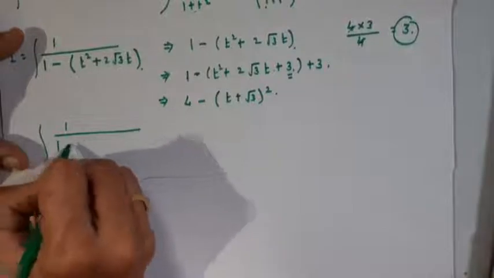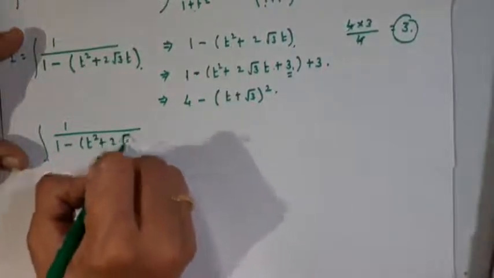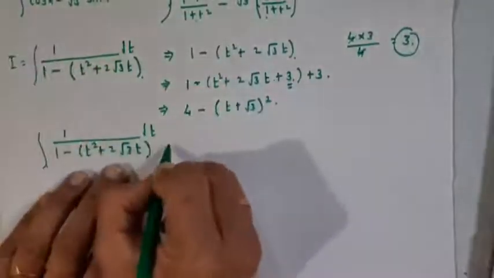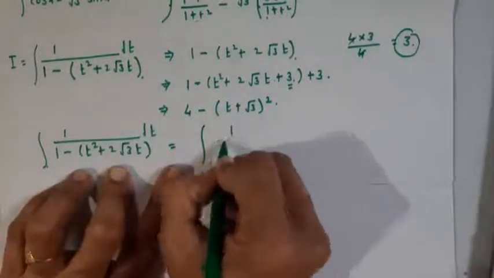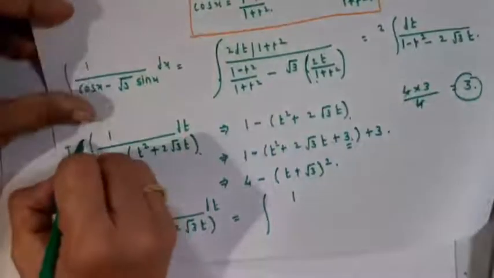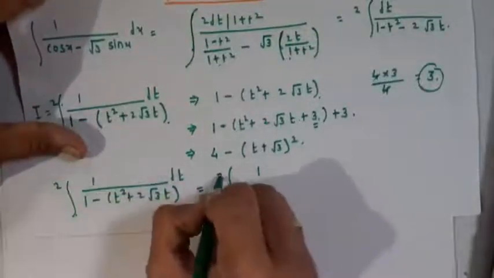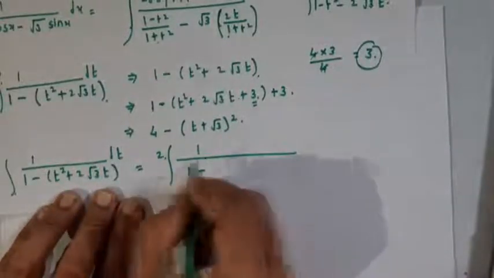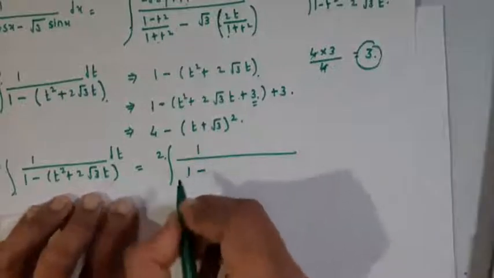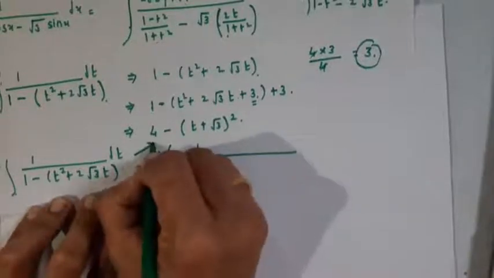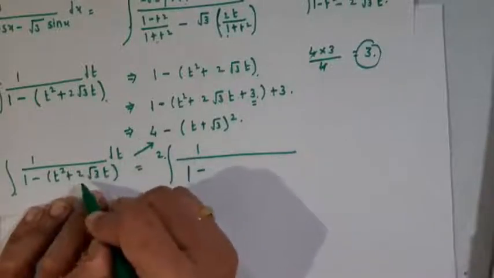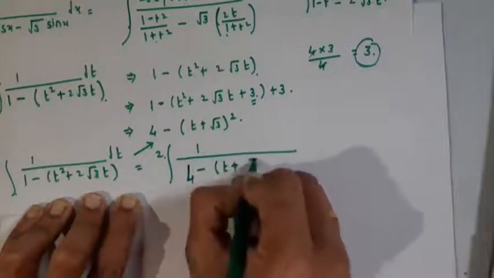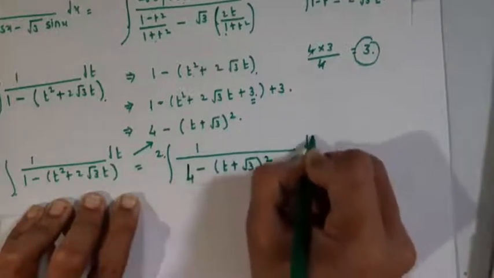Okay, and now the integration of 1 upon 1 minus t square plus 2 root 3 with respect to t, we can write this as the integration of 1 upon, the 2 is also here as a constant, so 2 into 1 upon 1 minus, we have adjusted like this, that is 4 minus t plus root 3 whole square with respect to t.